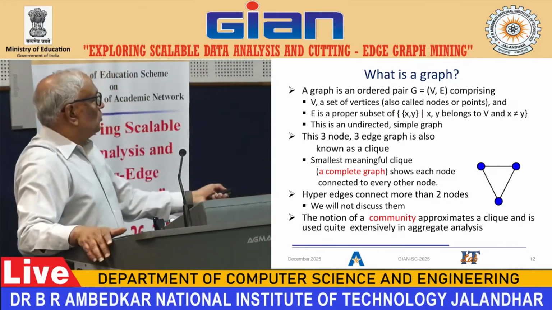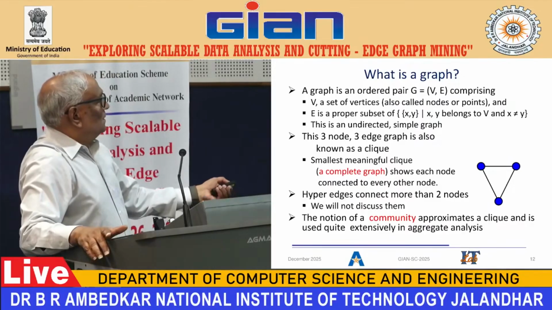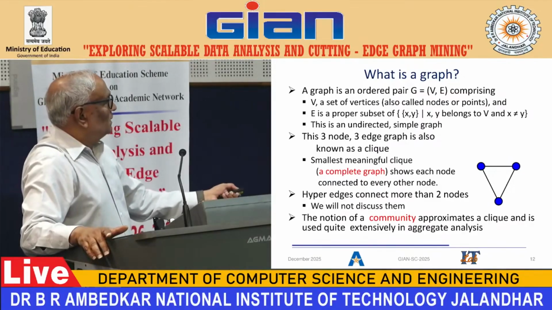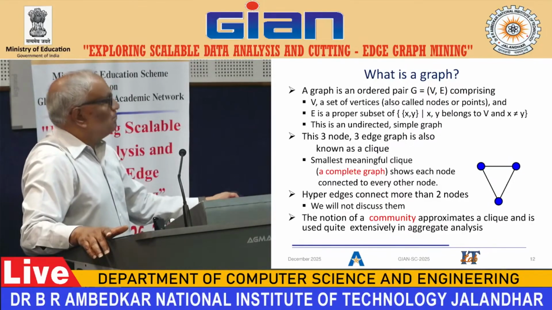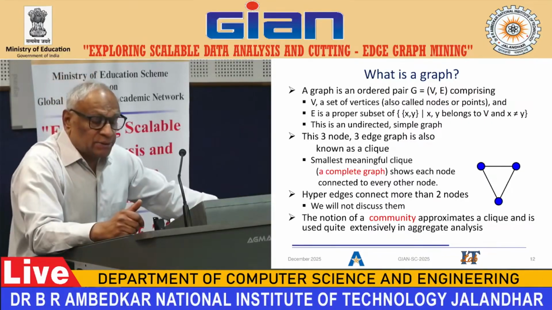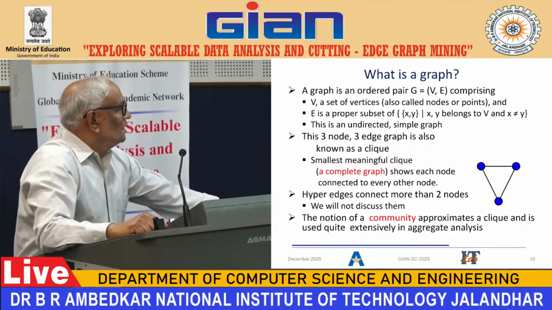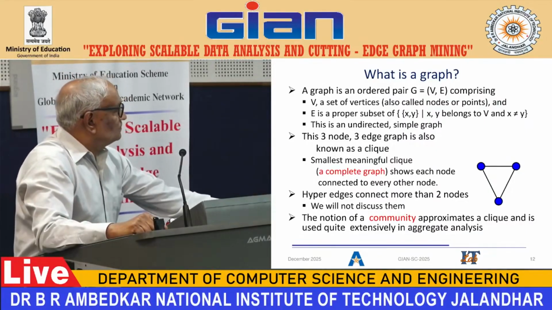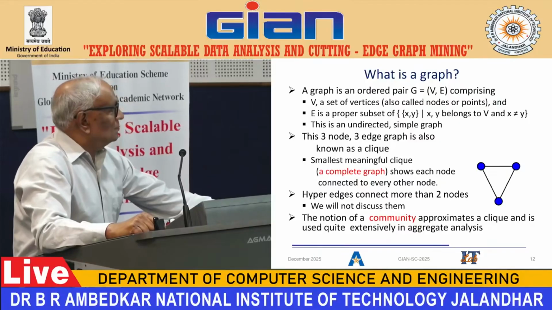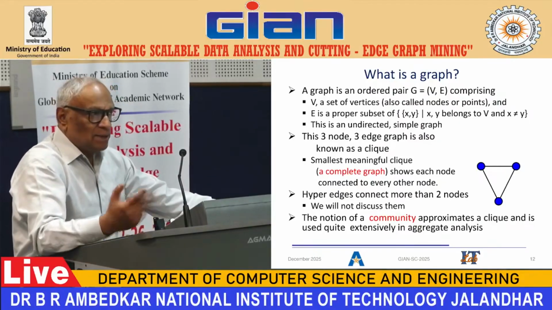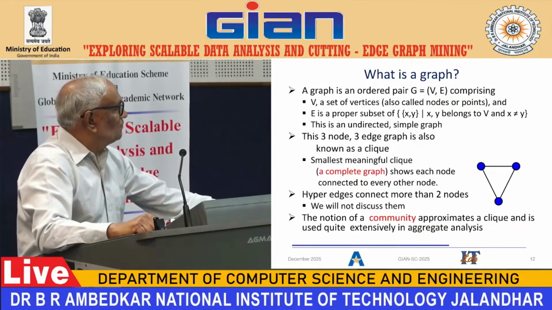So here is a 3-node graph. This has 3 nodes and 3 edges. This has an importance. This has a significance in graph theory and in real life. And this kind of graph is called a clique. I don't know how many of you are familiar with cliques.